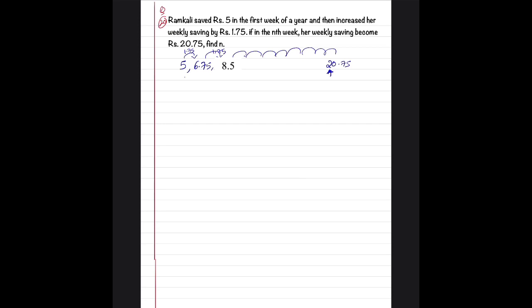For example, it is the first term, second term, third term, fourth term, fifth term, sixth term, and so on. Which term will you get 20.75? So this is the question, students.